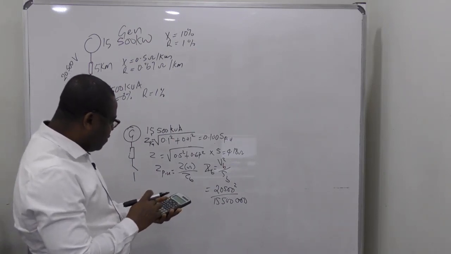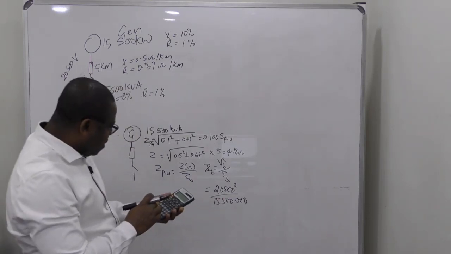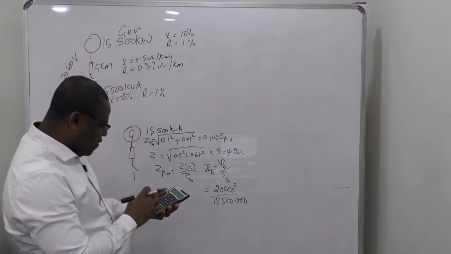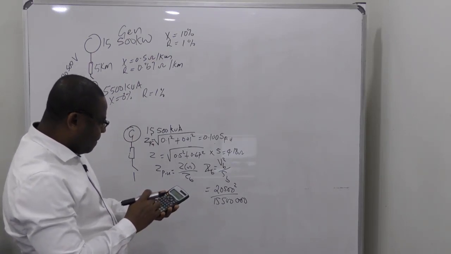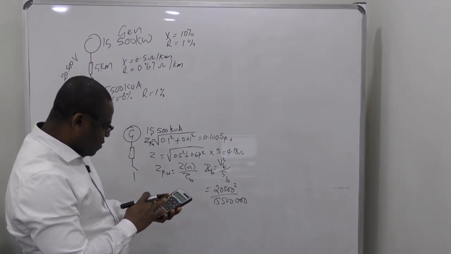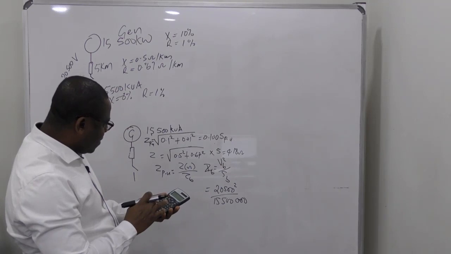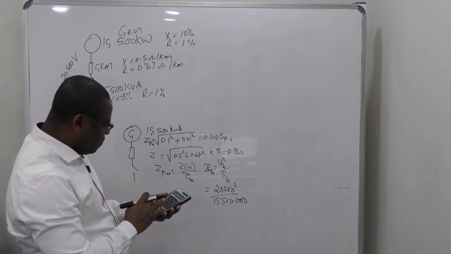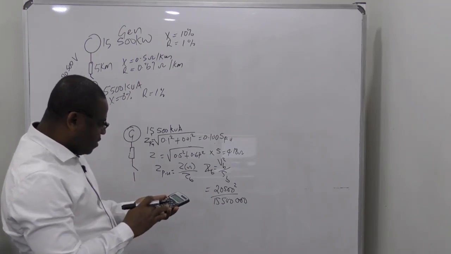So we have 20,500 squared divided by 15,500, with the triple zeros again.